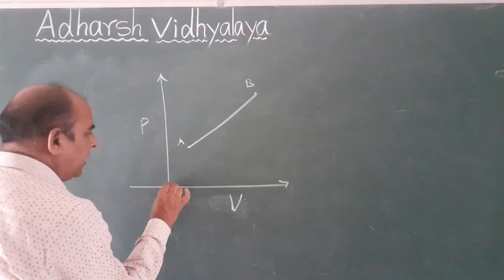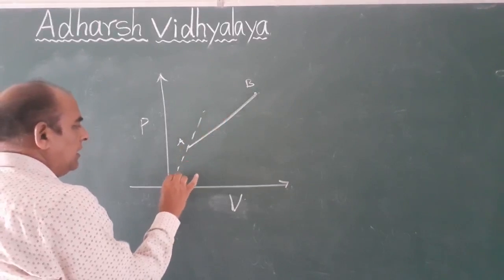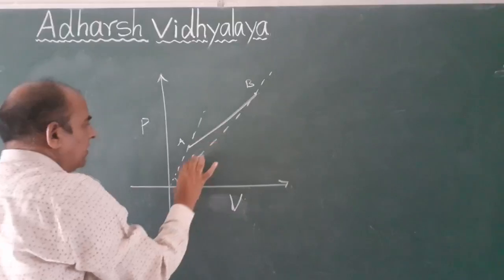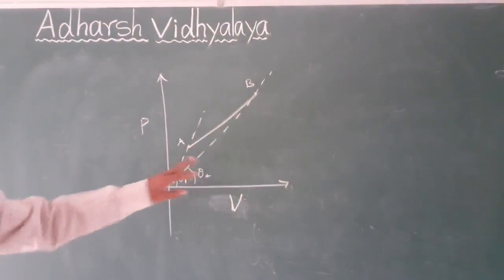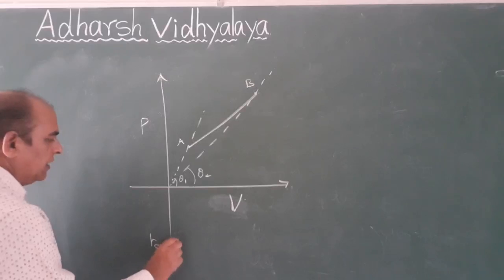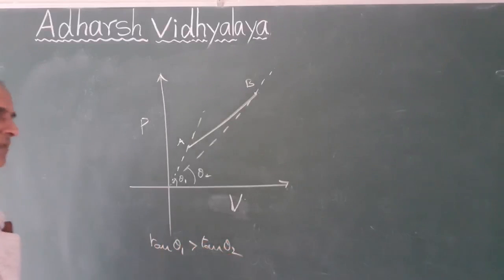So here you take one line and let this angle be theta 1. Here also you make one line like this, making angle theta 2. So theta 1 is greater than theta 2. Therefore tan theta 1 is greater than tan theta 2.